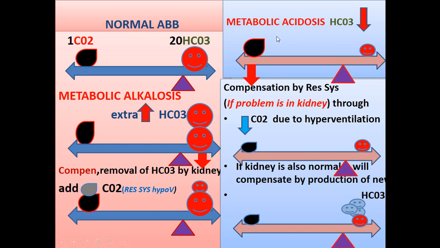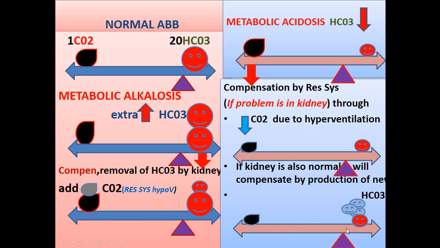So in metabolic acidosis, the cause may be in the kidney. If the cause is in the kidney, then the compensation will be done by the lungs through hyperventilation. And if the kidneys are normal, like in diabetic ketoacidosis, then the kidney will perform its function. They will compensate by producing more and more bicarb, and it will be neutralized.